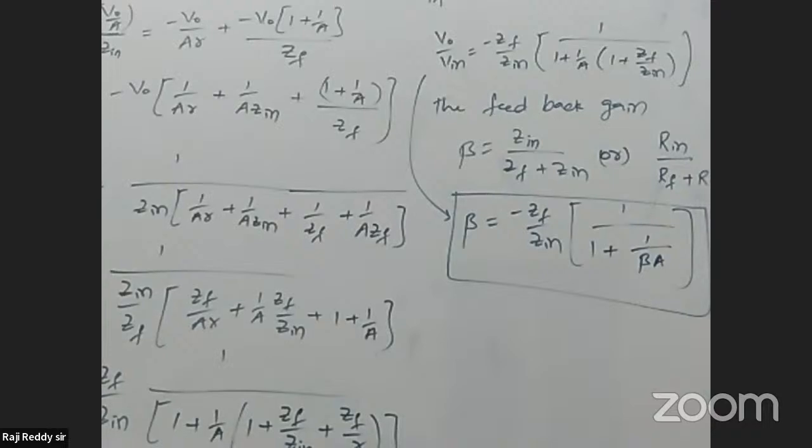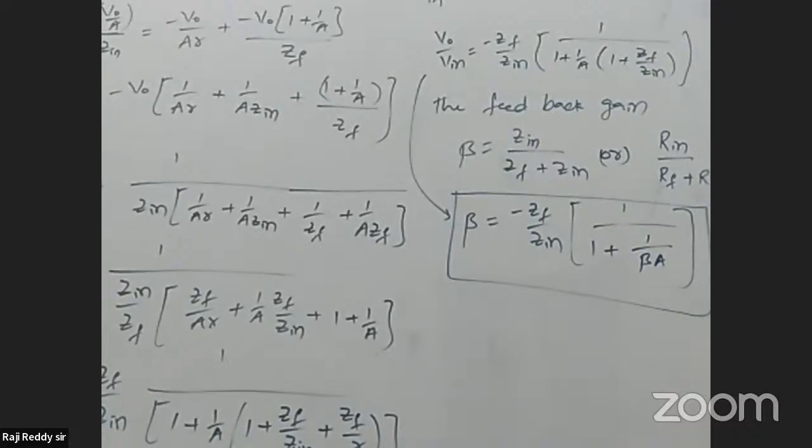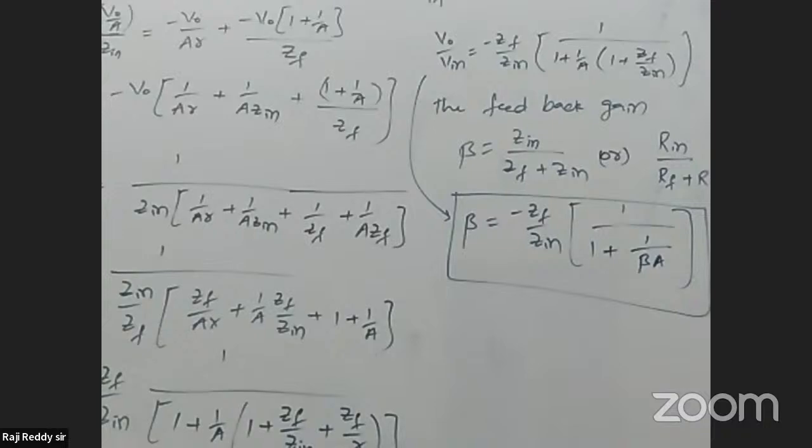After that, inverting configuration, non-inverting configuration differences for 5 marks. But you can expect 10 marks on the inverting operational amplifier configuration and the non-inverting operational amplifier configuration. From these two, in maximum cases it can repeat.